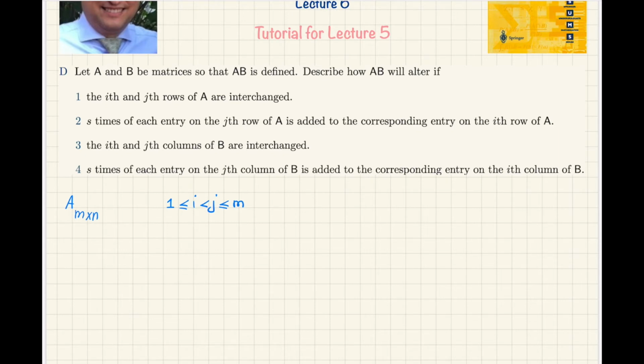So from this m by n matrix, right now I am concentrating on two rows, number i and number j. Of course, here I have assumed that i is less than j. It hasn't been mentioned in the problem itself which one is smaller, but there is nothing serious actually about this order. You can follow what I'm going to tell you for the other case that j is smaller than i. So I do not lose any generality by assuming that i is less than j here.